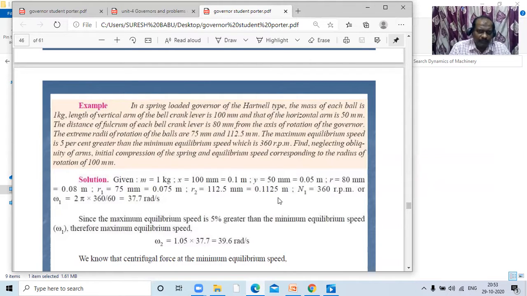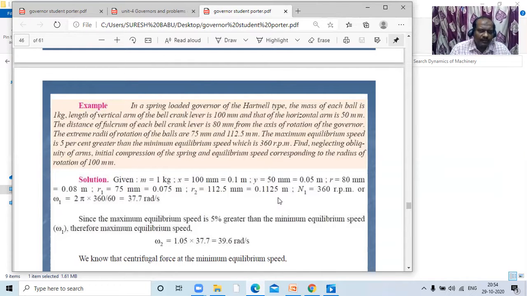Based upon the primary things, we can understand that maximum speed is possible and minimum speed is possible. The maximum speed is given as 5% greater than the minimum speed. So first you have to calculate that maximum speed. Why? Because numerically the minimum speed is given. Based upon that value, we can proceed.